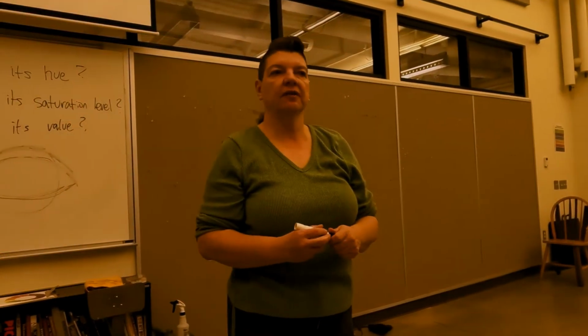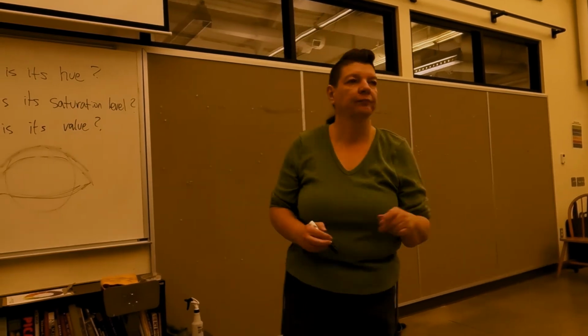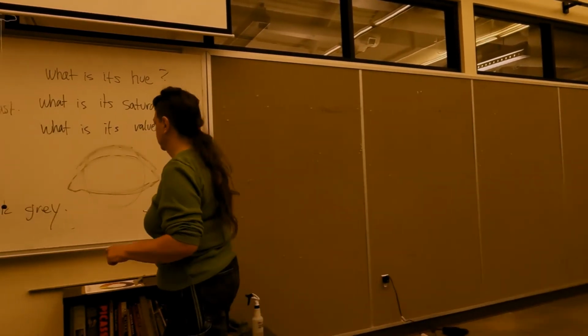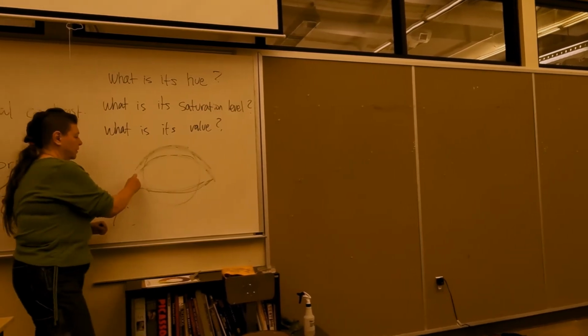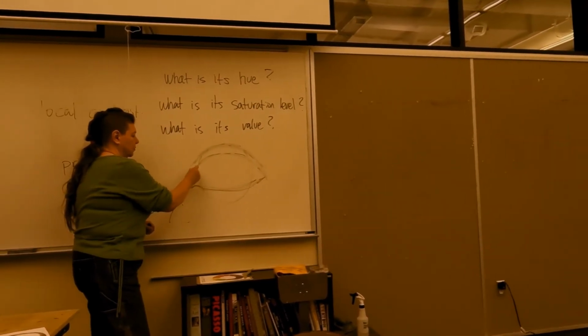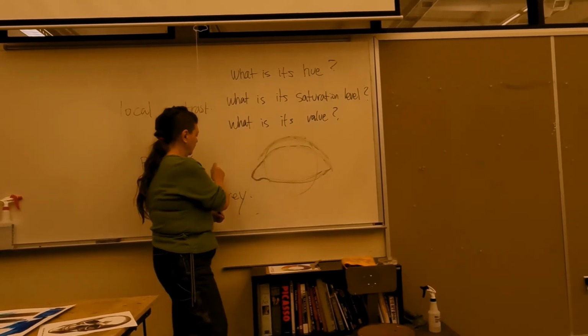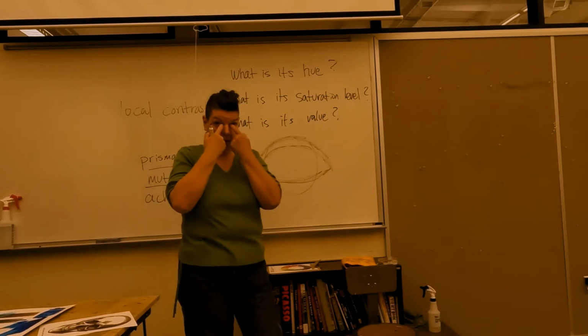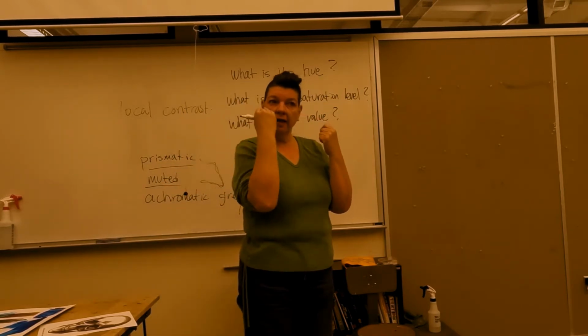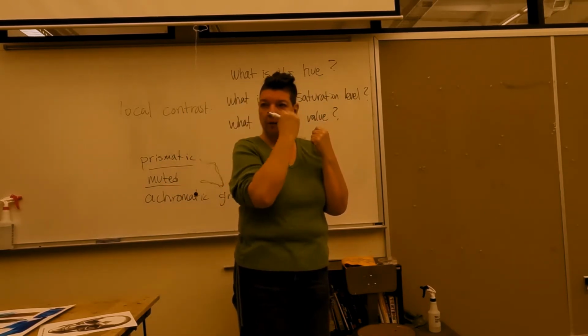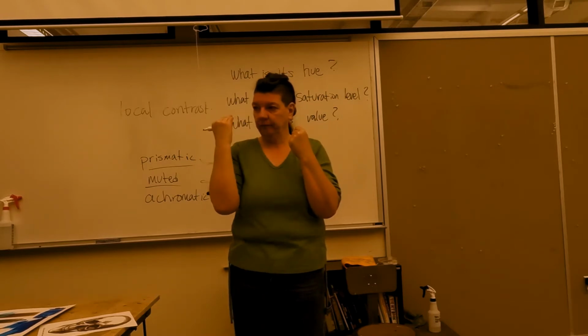Here's another interesting fact. These corners, for this corner and for the other side of the eye, these corners line up on the same picture plane. Easier said than done.